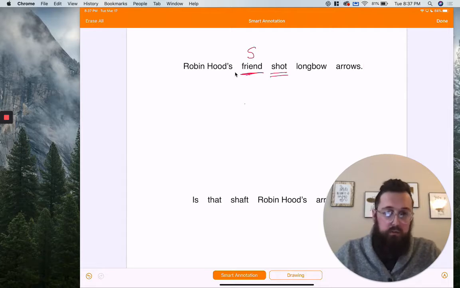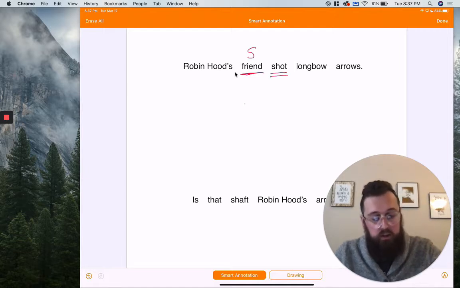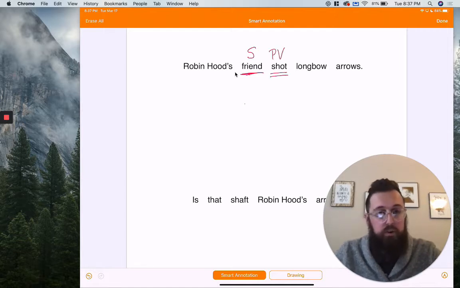Now we figure out from here, is it a linking verb, helping verb, or predicate verb? If it's a linking verb, usually I am renaming my subject or describing my subject. In my sentence here, I am not renaming or describing my subject, so it's going to be a predicate verb.